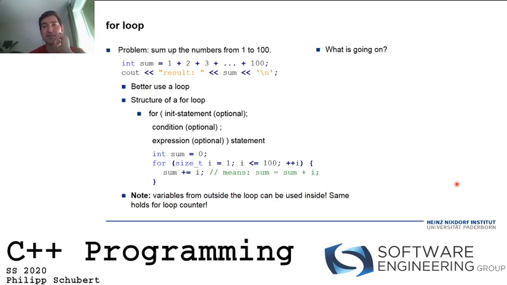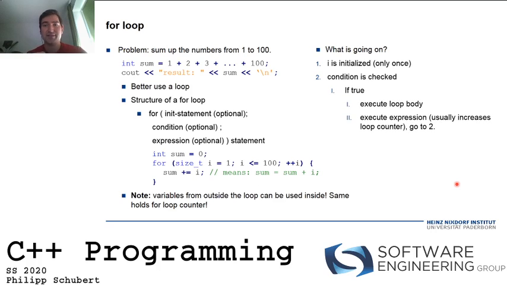So once again, what's going on? I, the loop counter, is initialized, and it's done only once. Then the condition is checked. If the condition evaluates to true, we execute the loop's body, and then we execute the expression. So that's the third part here.